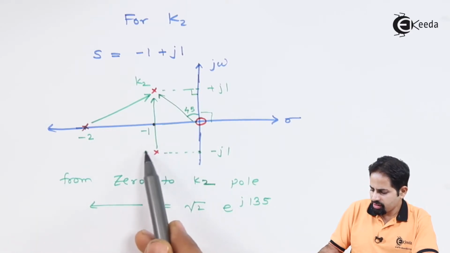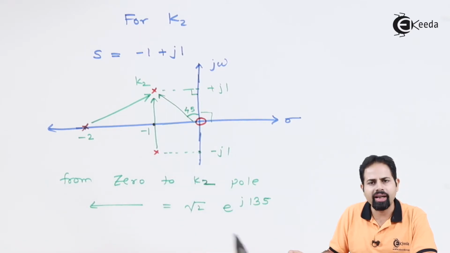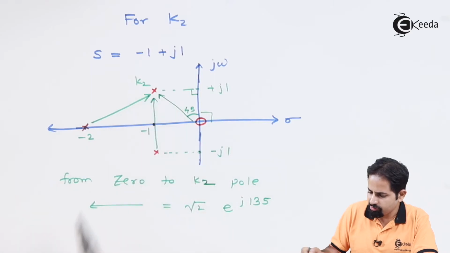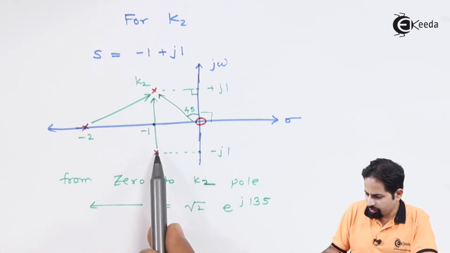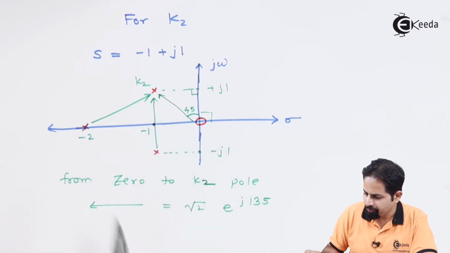Then if you see this second pole, which you can call K2 conjugate or K3 also. From this pole also there is one vector, and the length of this vector is going exactly 90 degrees, this in green.